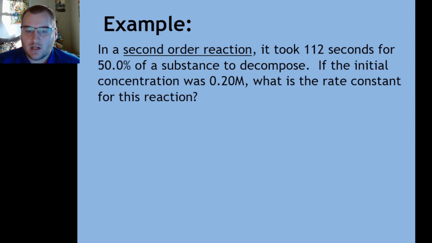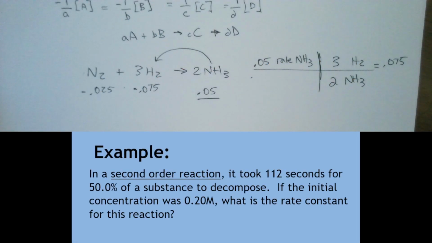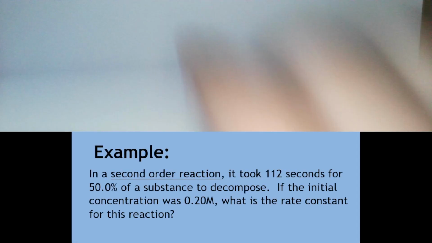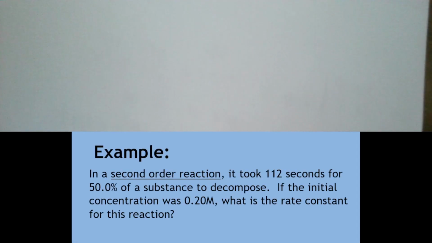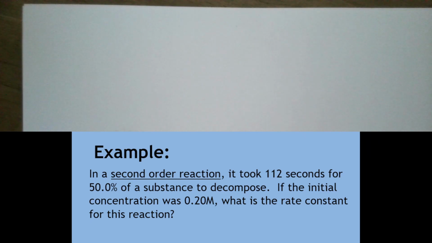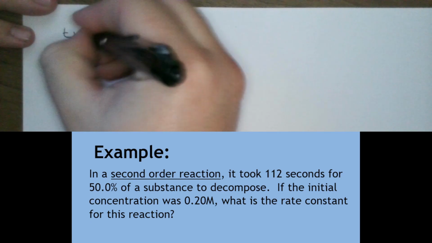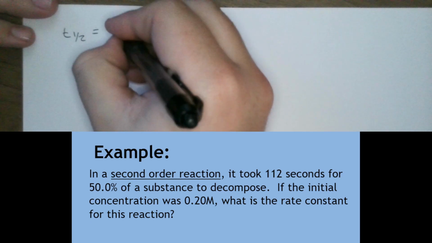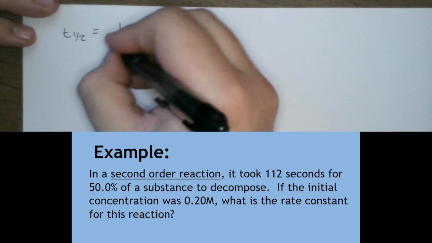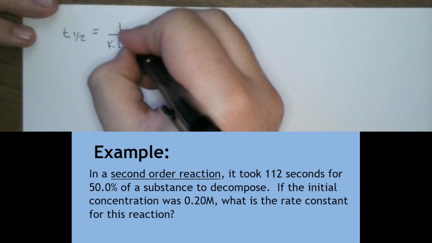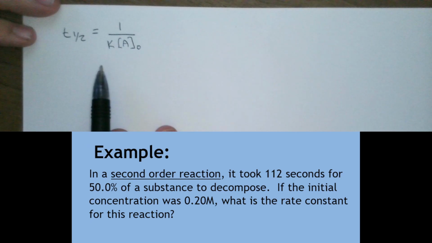Okay, let's look at a couple examples of these. It says in a second order reaction. That means I'm going to use my second order half-life. So I'm going to go ahead and write that down. Time of the half-life equals 1 over k times my original concentration.